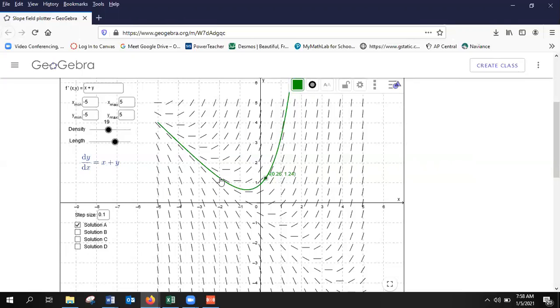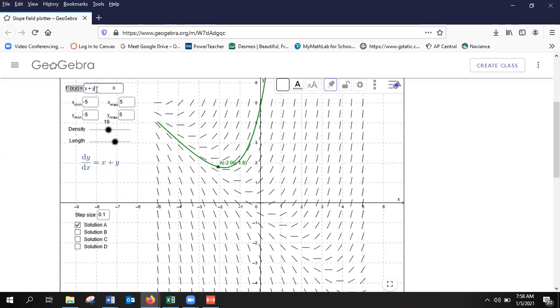So we know that when we integrate, we have a family of curves that result. This slope field visualizes that whole family of curves. And the moment we lock in to say this is our initial condition, it locks into a specific member of that family of curves. So I do like this because it helps us visualize exactly what's going on.